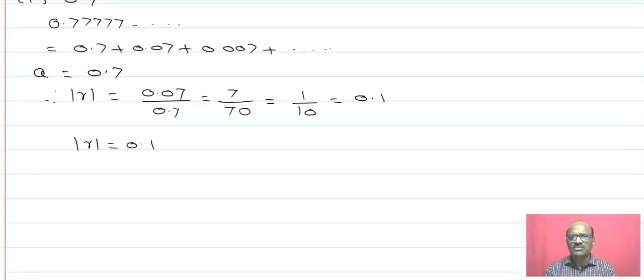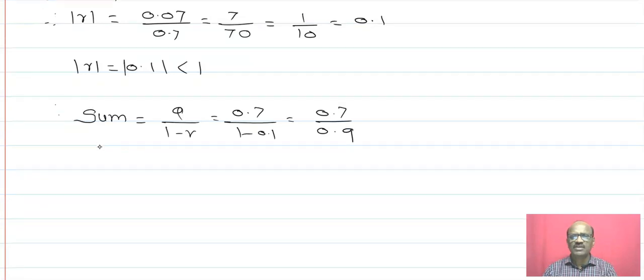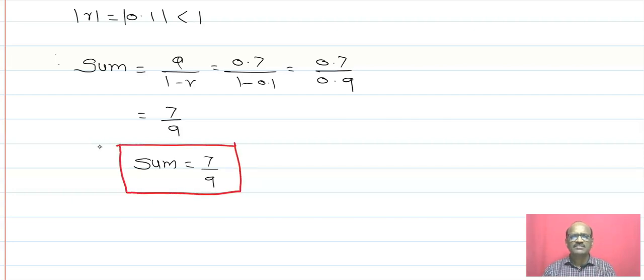Therefore, mod of r is equal to 0.1, which is less than 1. Therefore, the sum exists. Sum is equal to a upon 1 minus r, 0.7 upon 1 minus 0.1, that is 0.7 upon 0.9, which is 7 upon 9. This is the sum. Sum is equal to 7 upon 9.